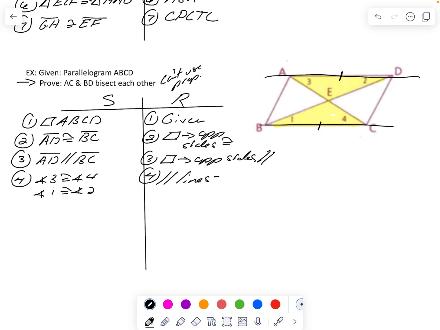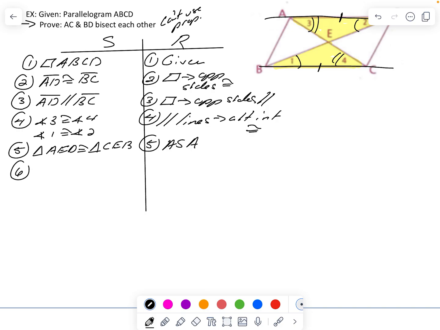Parallel lines, alternate interior angles congruent. So I have 1 congruent to 2, 3 congruent to 4. Now that I have that, I can say triangle AED is congruent to triangle CEB, and that is by ASA.